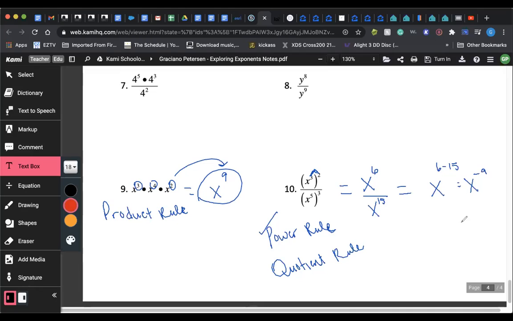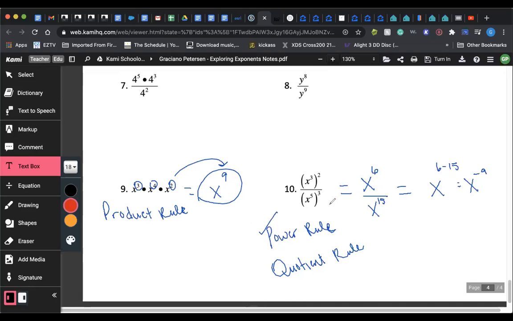Wait, Mr. G, wait. You had 6 on top. 3 times 2 is 6. So it's not 3 times 3 this time. It's not 3 squared. It's 3 times 2.